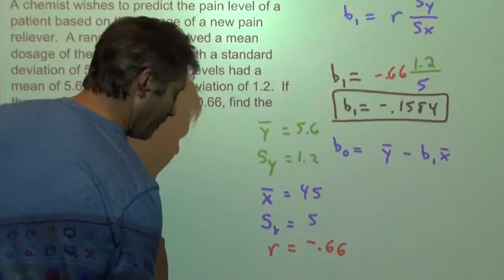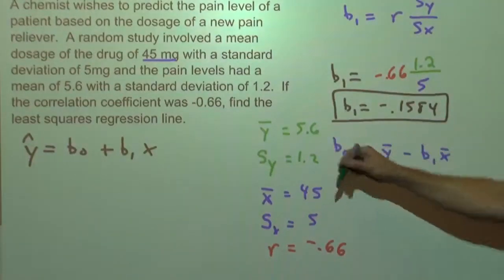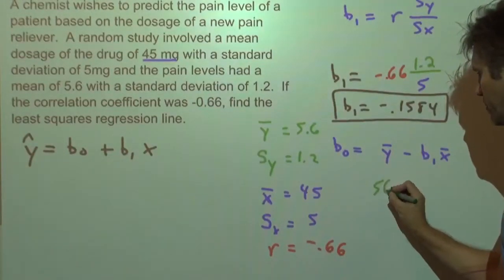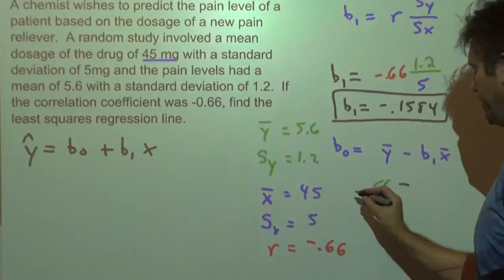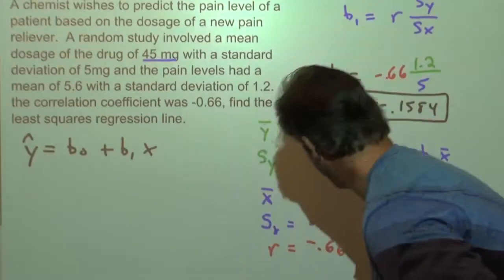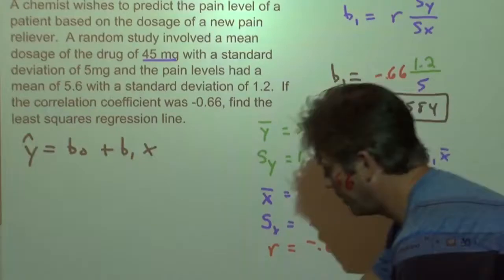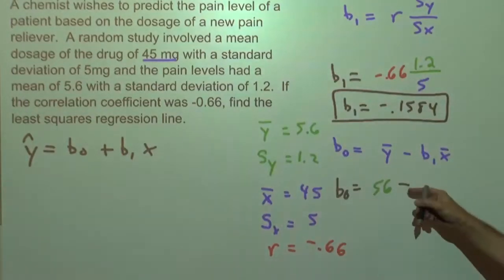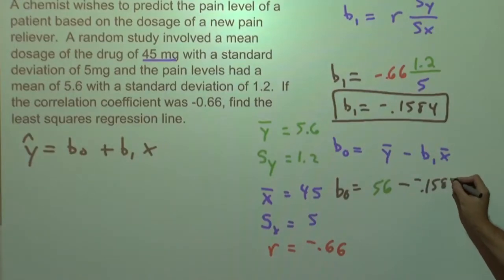So this is it. We take the average of the y's, which is the 5.6. Subtract from that the slope, which is right here. And be careful, because that is a negative slope, so it's minus the negative slope of 0.1584.